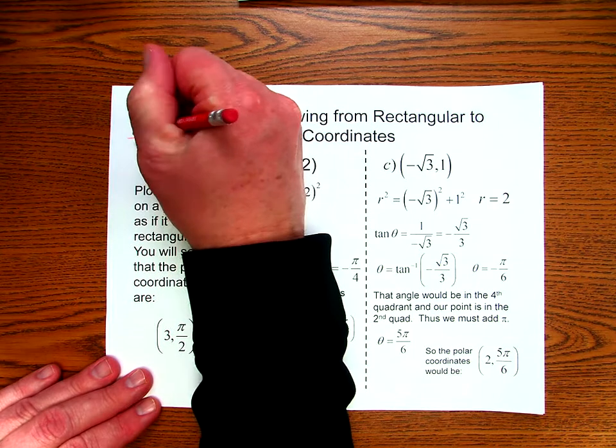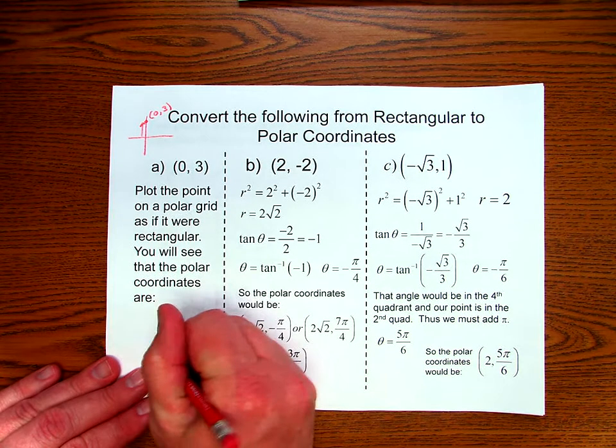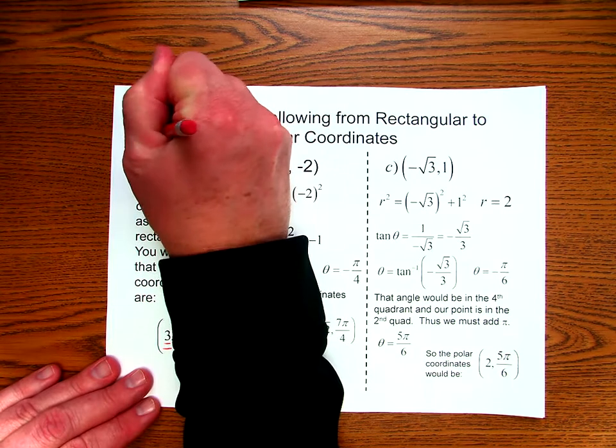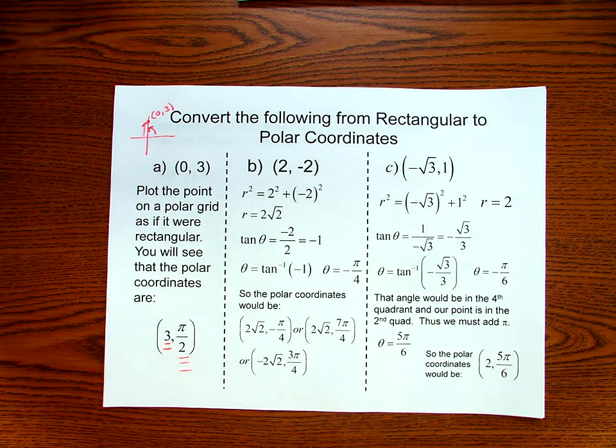Well, you can get r simply by realizing you're 3 units straight up from the pole. There's your r. Well, how many radians do we have from there to there? It's pi over 2. There's no formula necessary. There's no reason to make it any more complicated than it needs to be. There are some of these that you simply look at from pure observation to find the correct answer.